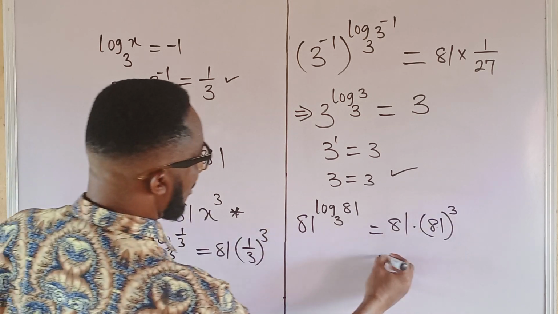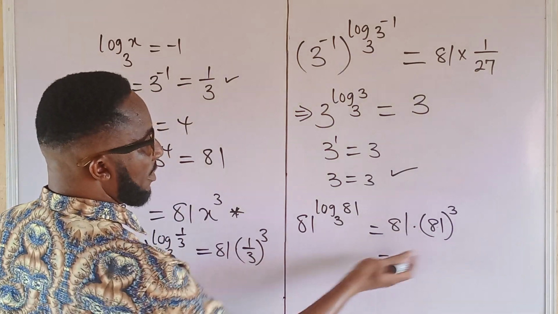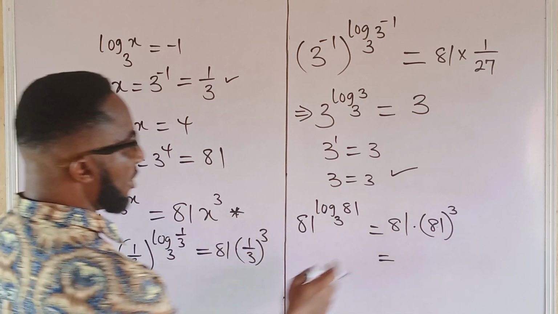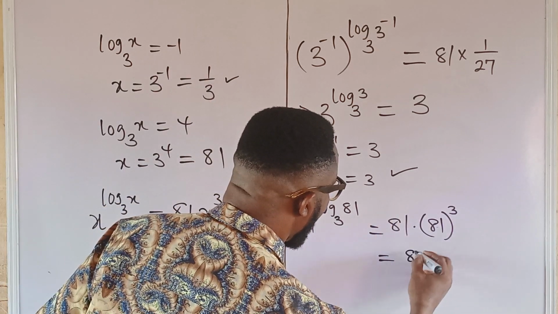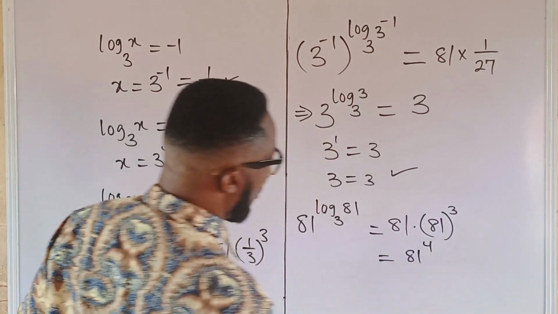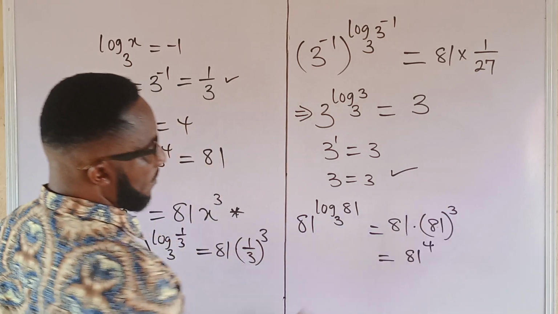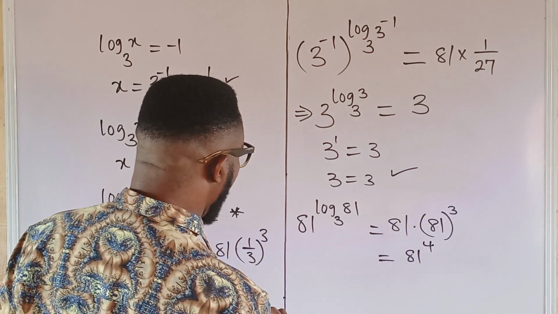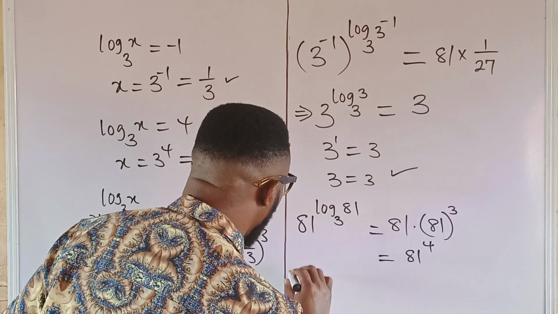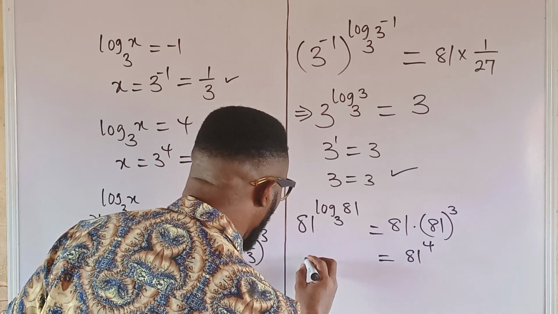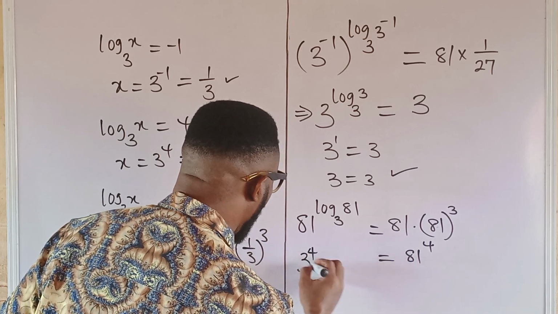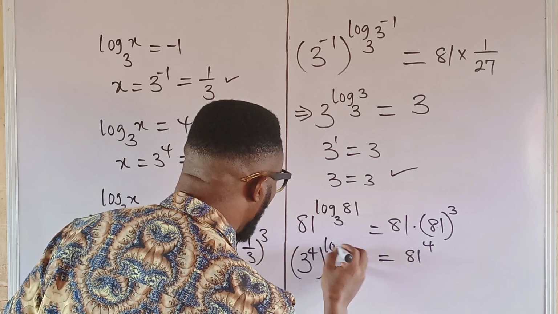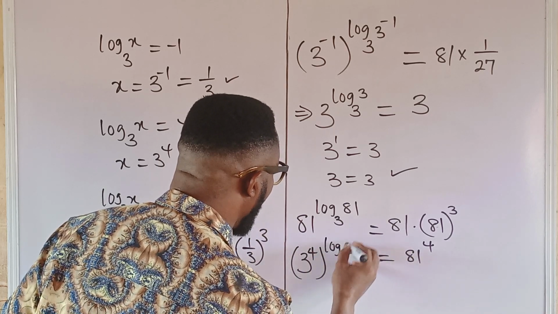Here, I can easily use the base of 81 to clarify this. Same thing as 81 to the power of 4. Then on the left side, I shall break it down into base 3. So I'll be having 3 to the 4th to the log to base 3 of the argument 3 to the 4th.